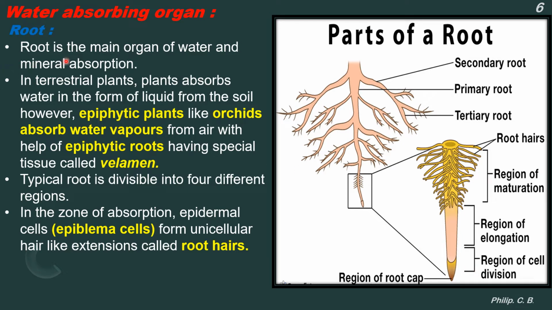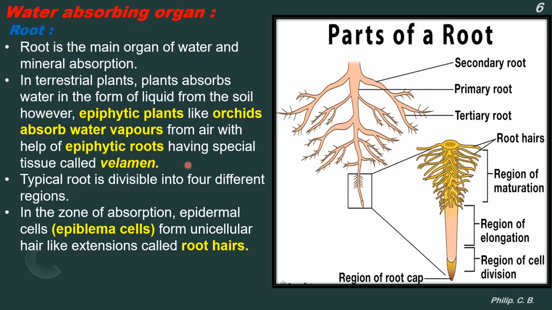So first point, the root is the main organ of water and mineral absorption. So water is absorbed through the root along with the minerals. In terrestrial plants, plants absorb water in the form of liquid from the soil. However, epiphytic plants like orchids absorb water vapor from air with the help of epiphytic roots having special tissue called velamen.